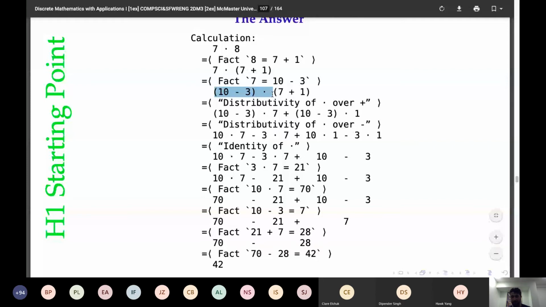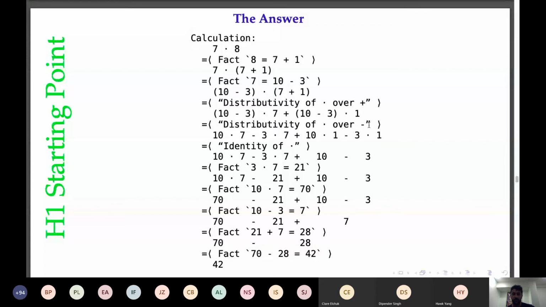Something clearly went wrong. So for instance, the first distributivity looked fine, right? It goes right here, no problem, and then right there, no problem. The second distributivity, so this one's over plus, this one's over minus, right? When you distribute over a minus, right here, and then right there, right?